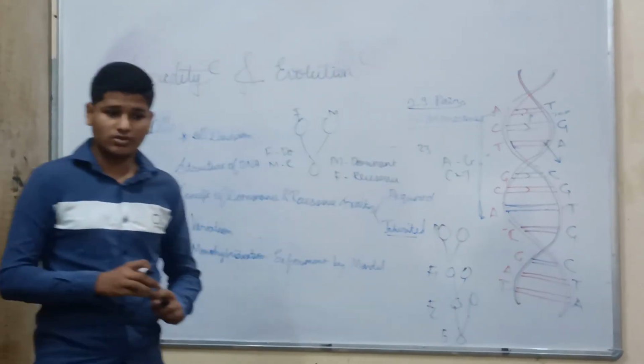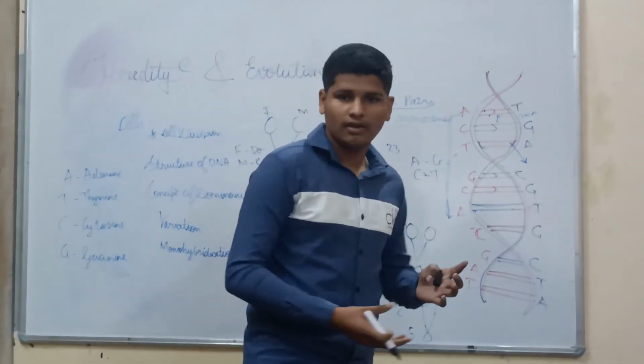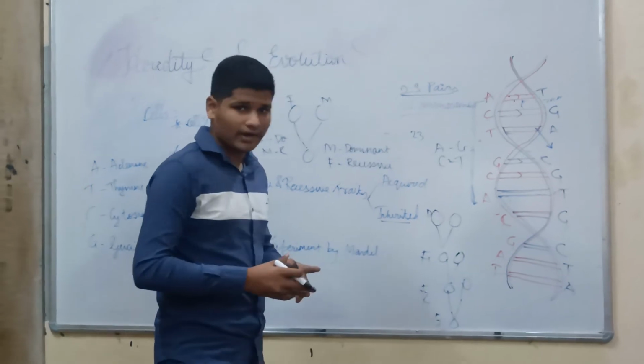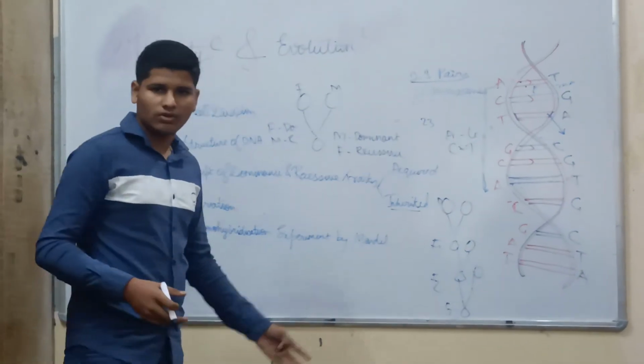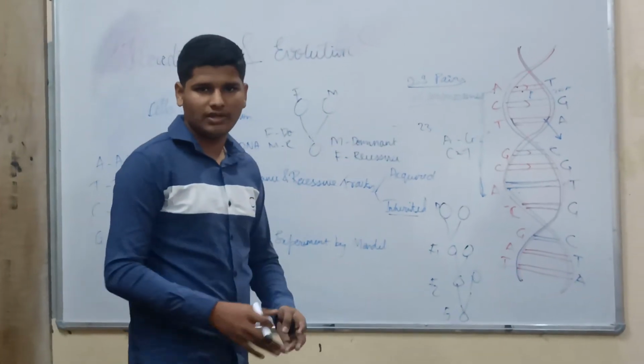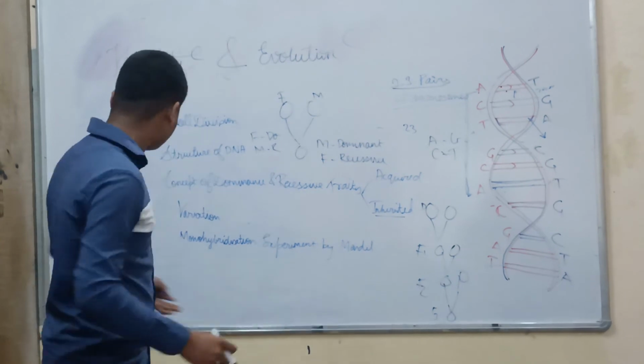Alzheimer's is a disease or disorder in which a person suffers from forgetting things, and in some years, like 10 to 15 years, there is a possibility that he will die if it is severe.